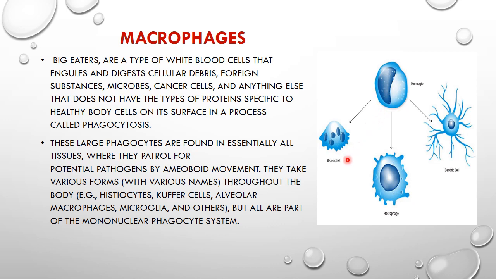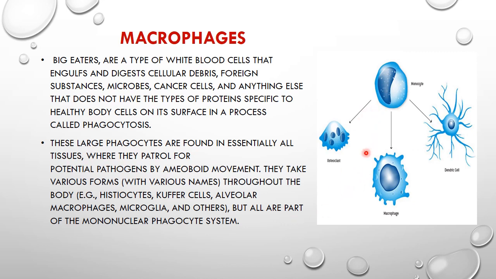In the bones, they are called the osteoclasts, dendritic cells in the nervous system, and in the tissues they are called the histiocytes. In the liver they are called the Kupffer cells. In the lungs they are called the alveolar macrophages.